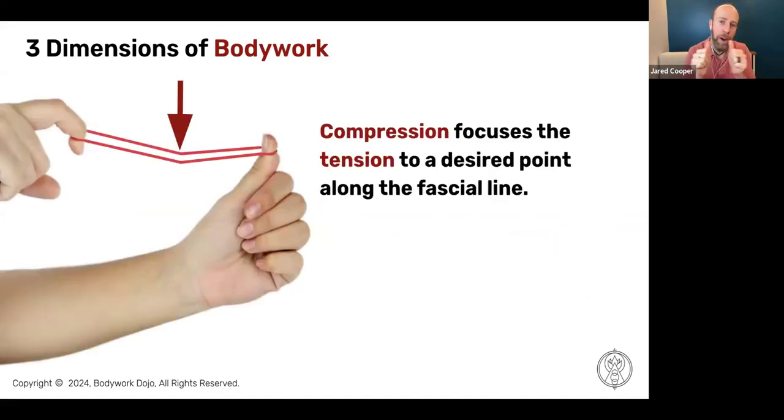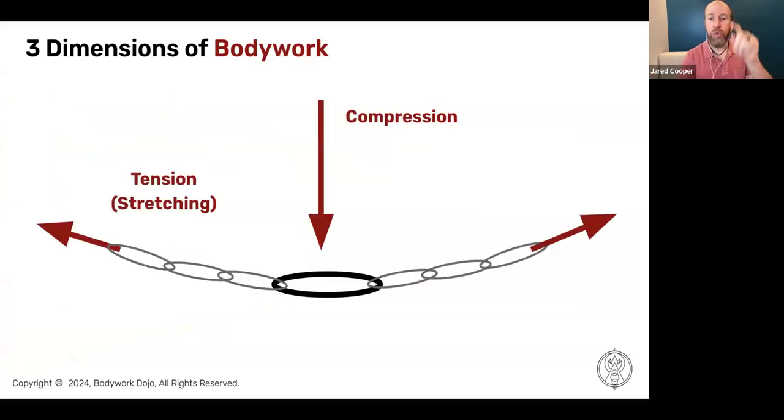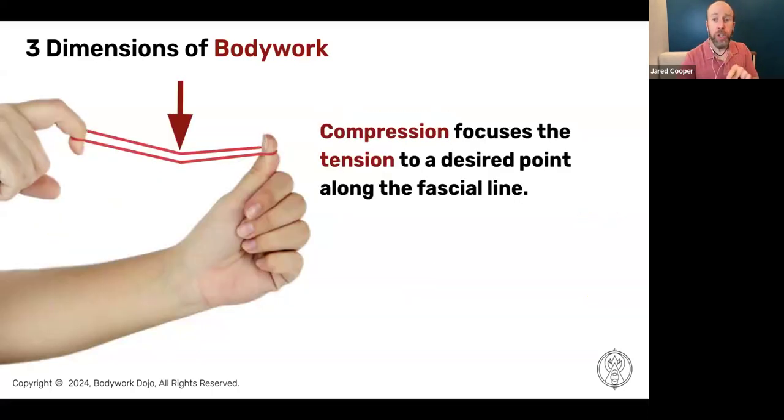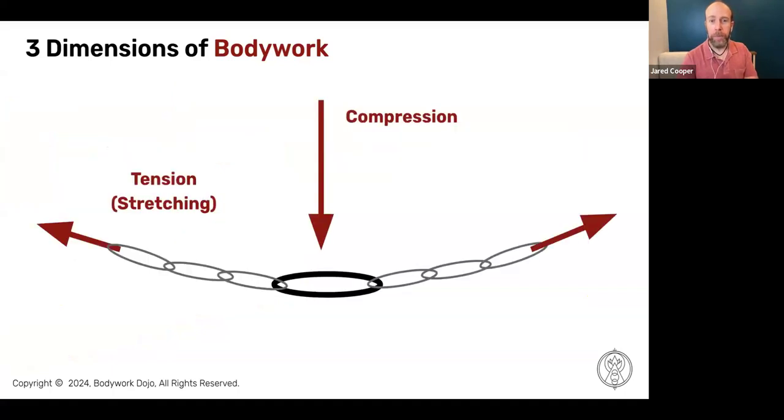Now, like if you had a rubber band between your fingers and you pull on the rubber band and then you apply another force in the middle of the rubber band, the compression focuses the tension to a desired point along the fascial line. And what that does is it drives the stretch into the tissue where the restriction is located.